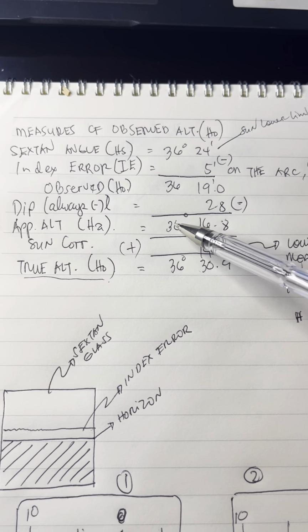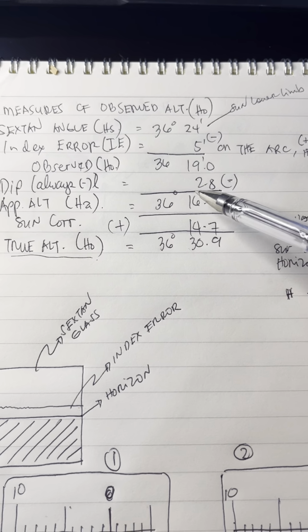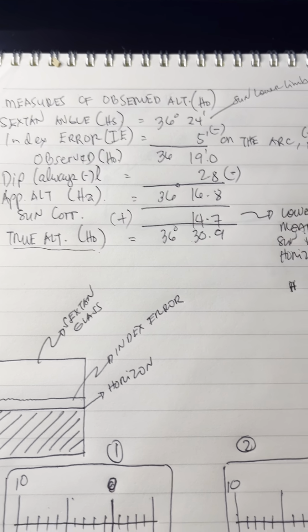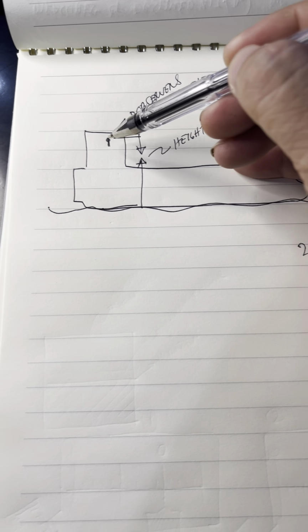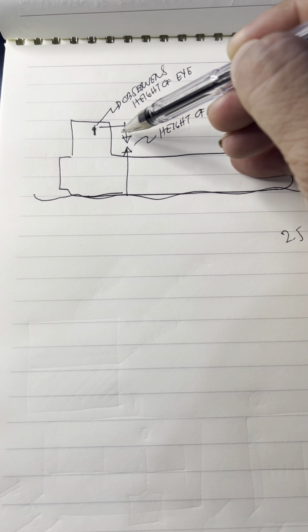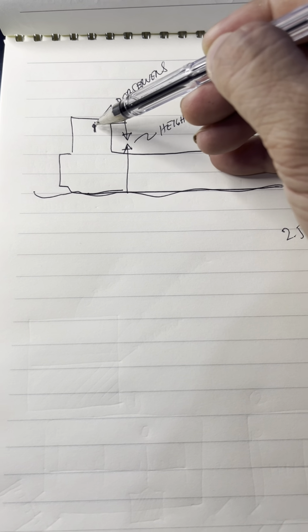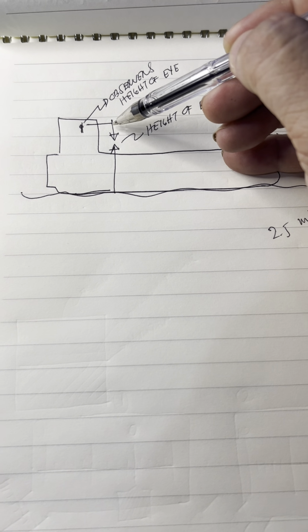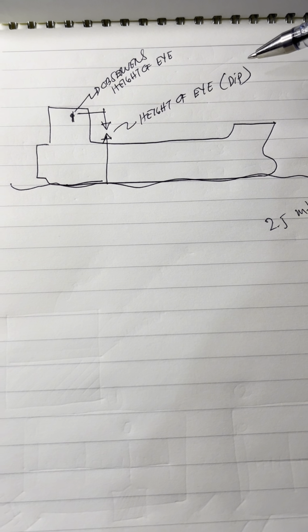Okay, so we will also apply the dip, the height of the eye. So where do we get this dip? For example, on your ship, this is you on a bridge, and this is where you get the observation. You will measure from the height of your eye down to the sea level, and that is the height of eye.